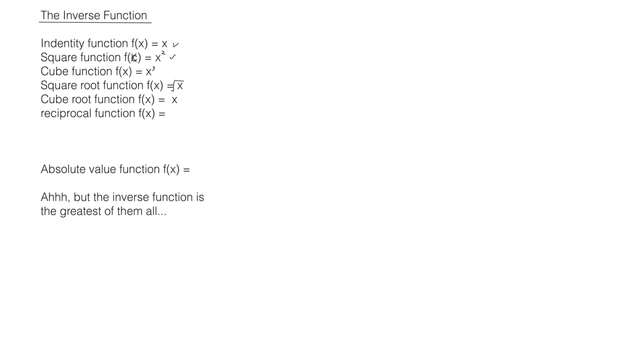Cube root function, f of x equals the cube root of x. Reciprocal function, f of x equals 1 over x. Absolute value function, f of x equals the absolute value of x.